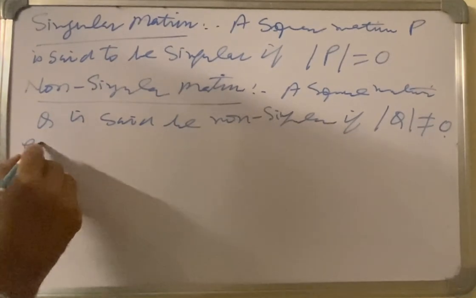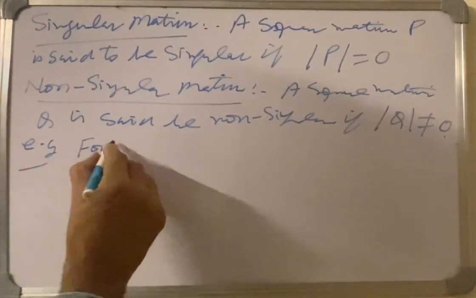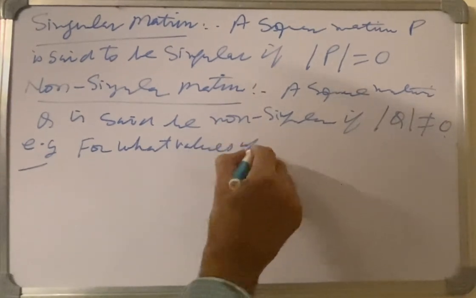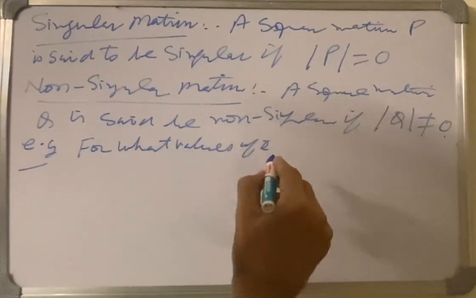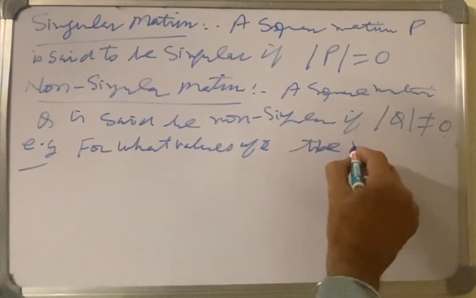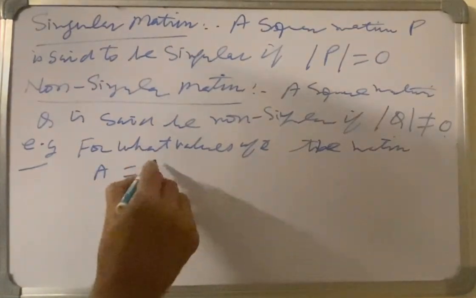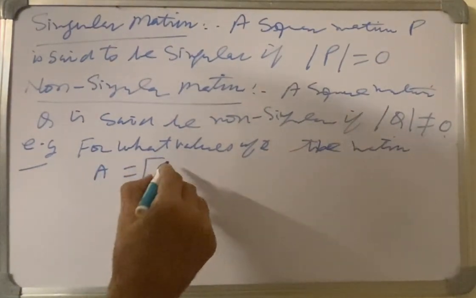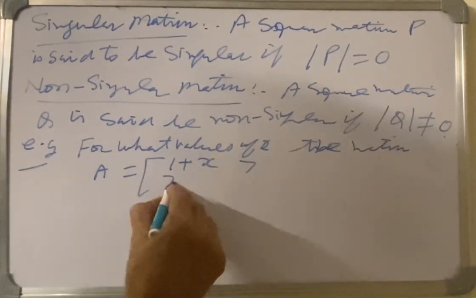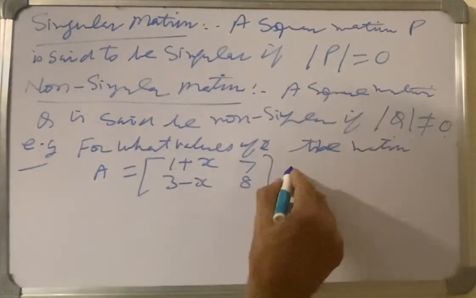For example, for what values of x is the matrix A equal to [1 plus x, 7; 3 minus x, 8] singular?